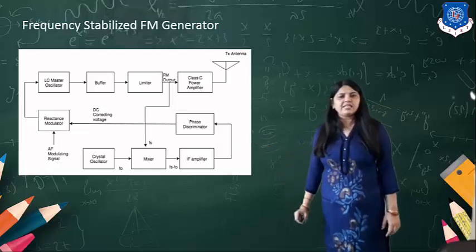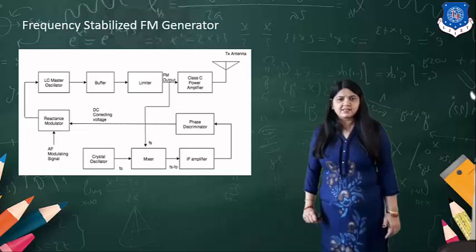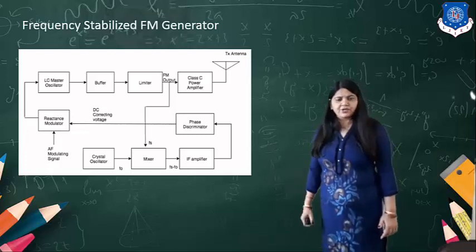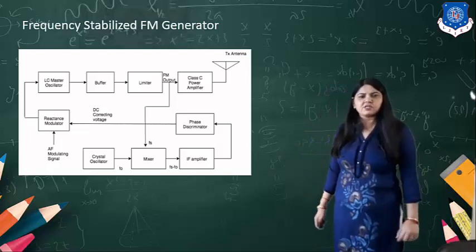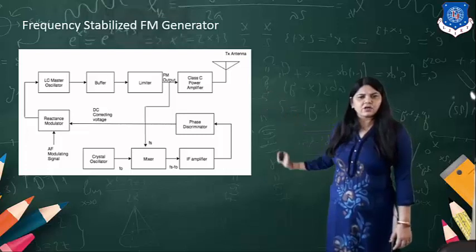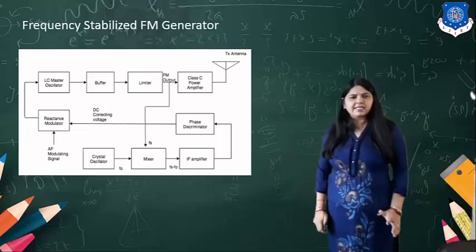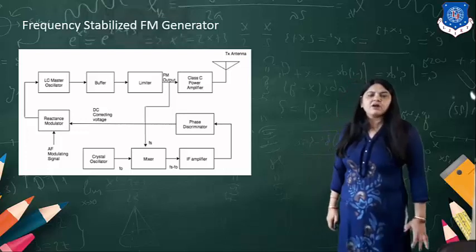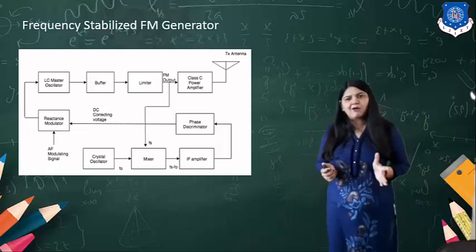Here we have the reactance modulator. We apply the modulating signal to the reactance modulator, so the reactive parameter can be changed. It is given to the LC master oscillator, which again gives a change in the L and C components and produces some frequency change as the output.